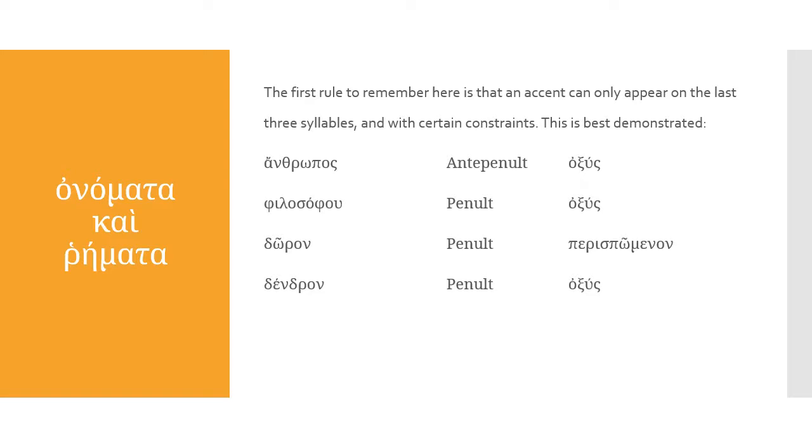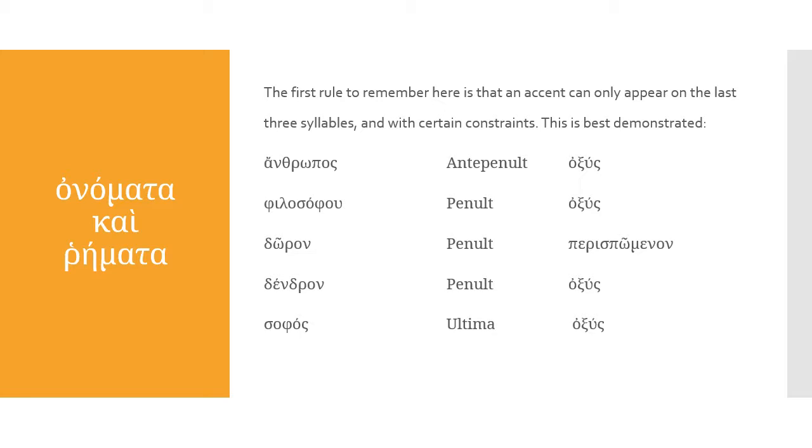Here the accent is on the penult, but it is oxus, because epsilon will not take a perispomenon. Sophos. The accent is upon the ultima, the last syllable, and it is oxus in isolation. If it's followed by another word with an accent, then it would become barus.